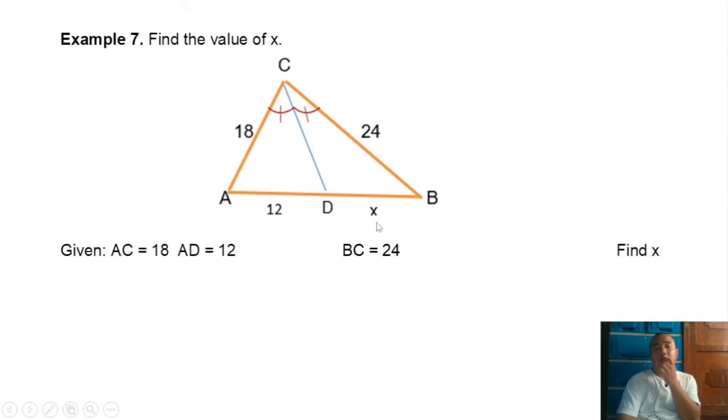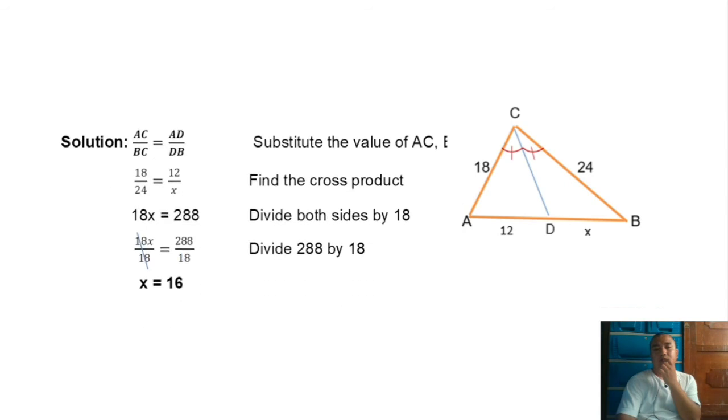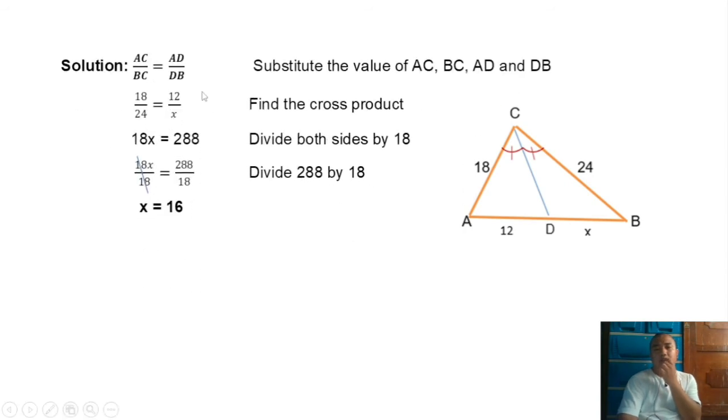X. So to solve for x, what will be our equation? AC over BC is equal to AD over DB. So that's easy. 18 over 24 is equal to 12 over x. That will be our equation to solve for x when an angle bisector is involved in a triangle.